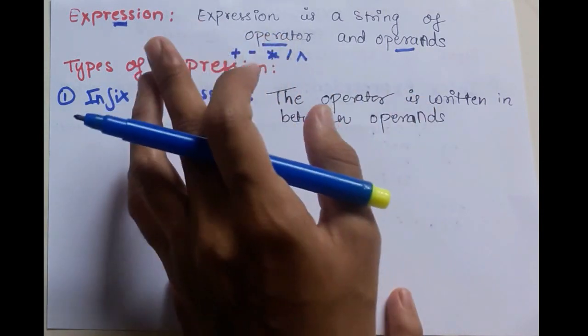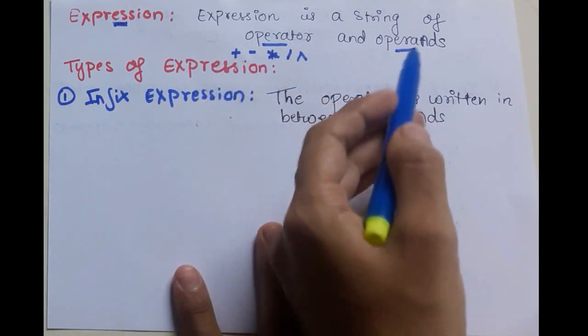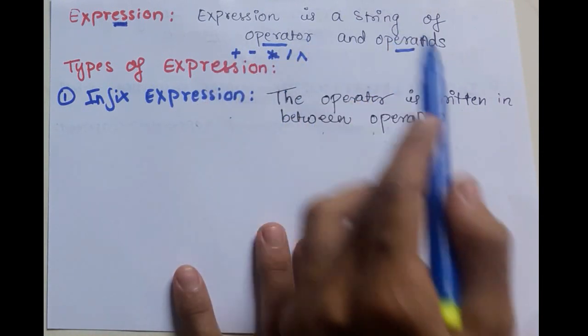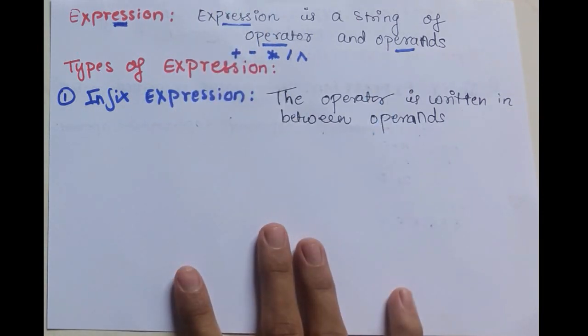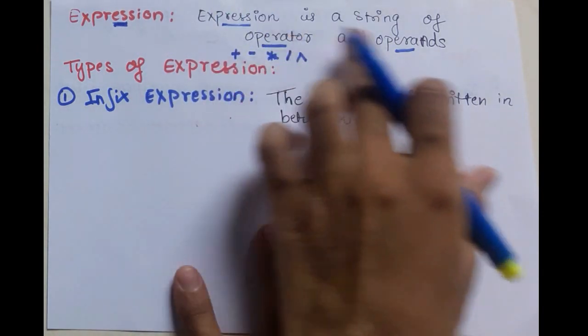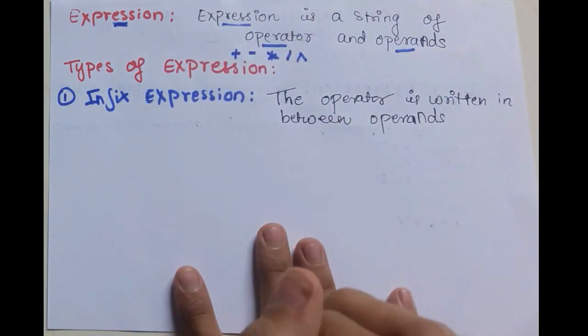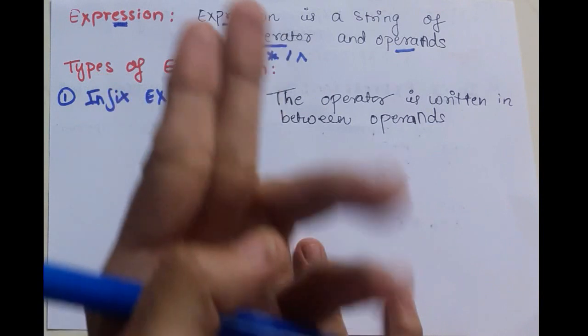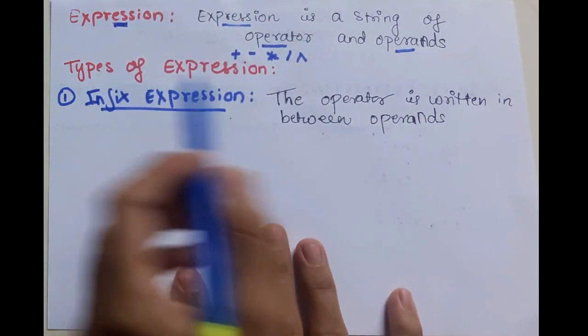And what are operands? Alphabets, numbers, these are operands. And this together forms an expression. Now, based on the arrangement of operators and operands in an expression, there are three types of expression: infix, prefix, and postfix.